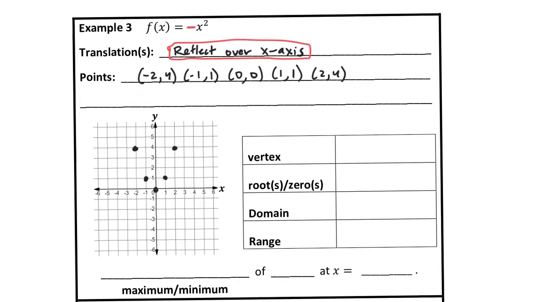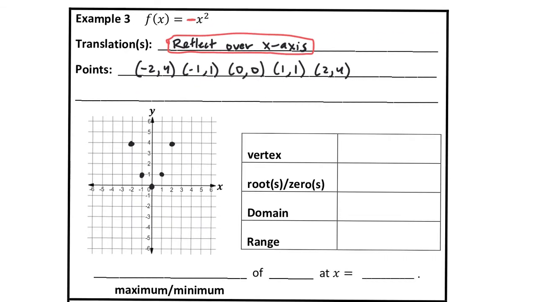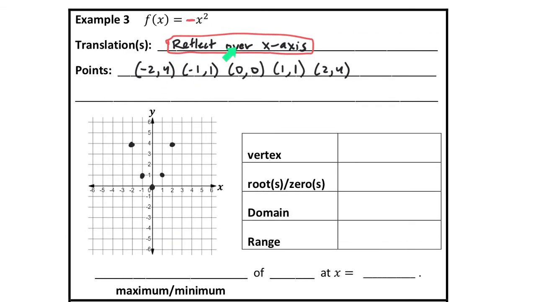Alright, so that just causes, zoom out a little bit, that causes the points to just be located in the opposite direction, going downwards instead of upwards.